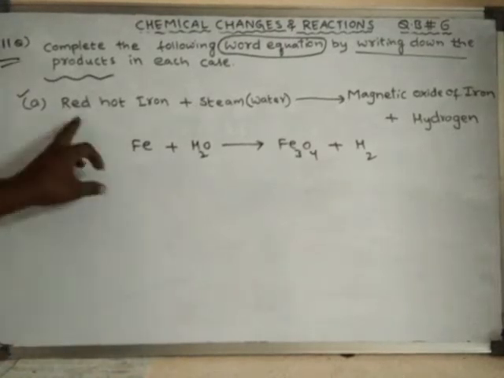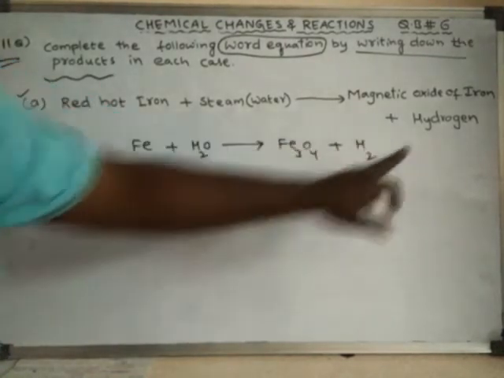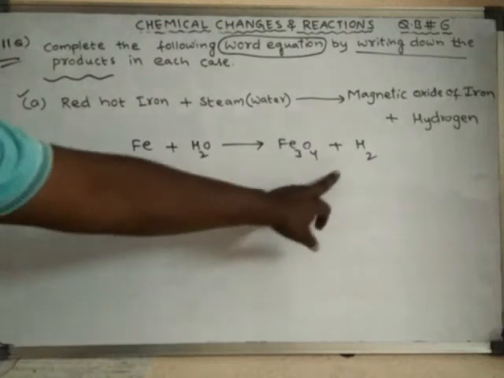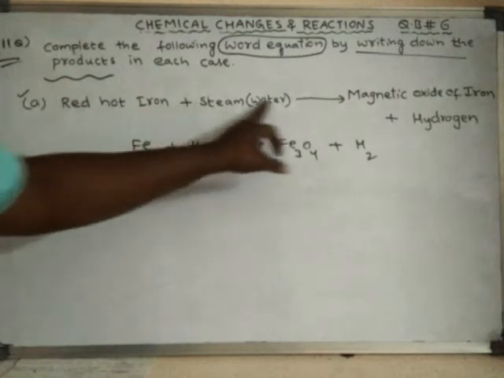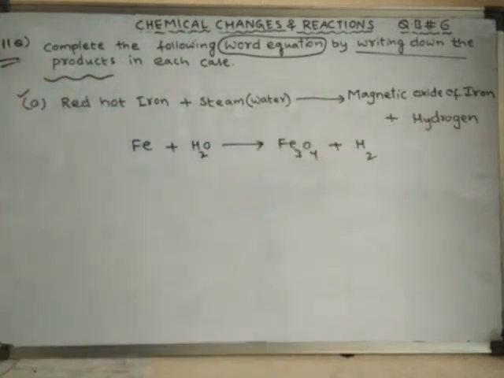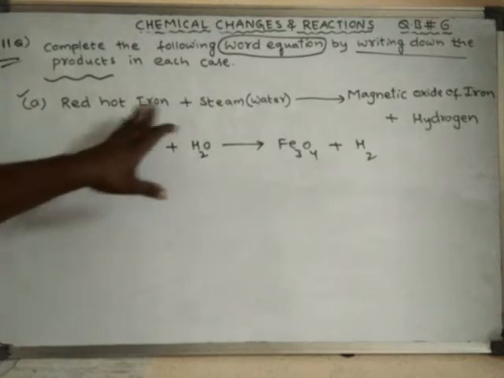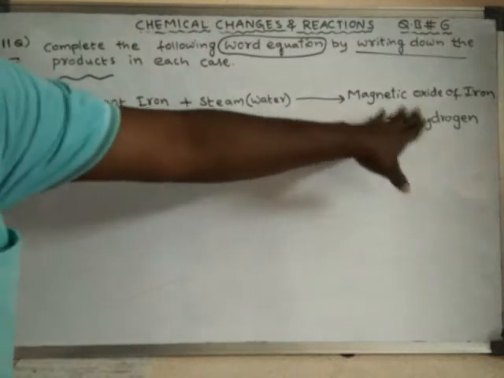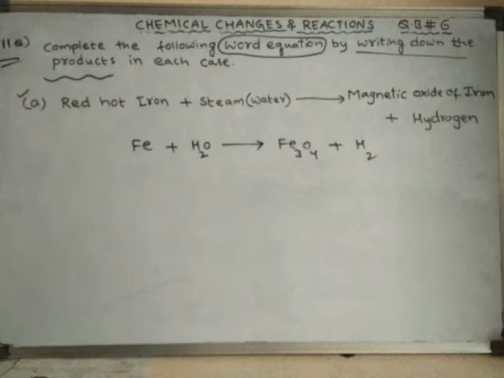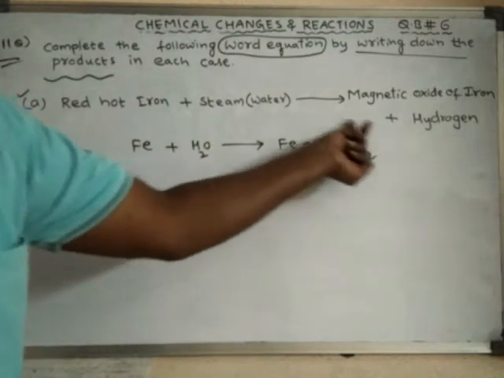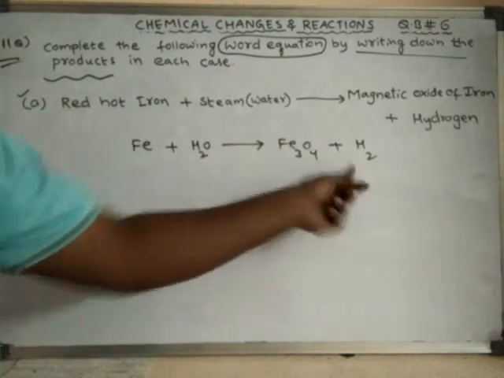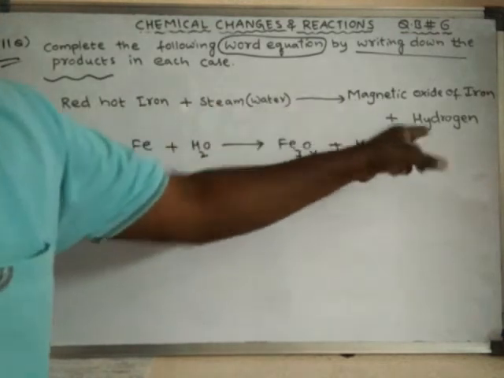If you write the same equation using symbols and formulas, then it is said to be a chemical equation. If you express the same reaction using words, then it is said to be a word equation.